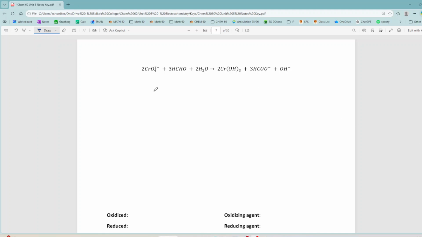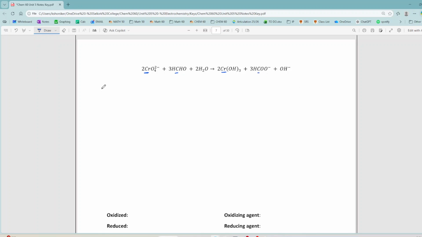All right, so again, first thing you have to do is decide which elements can be oxidized and reduced. I often don't look at the oxygens and the hydrogens, so I'm going to zone in right away on the chromium, and then I'm guessing the carbon as well, although we could be wrong.